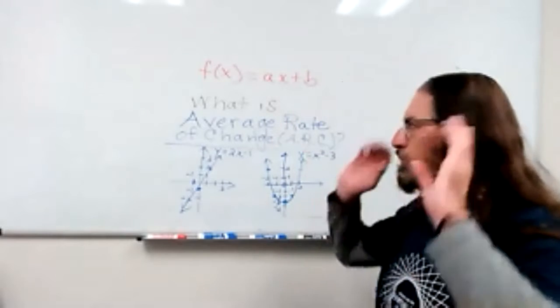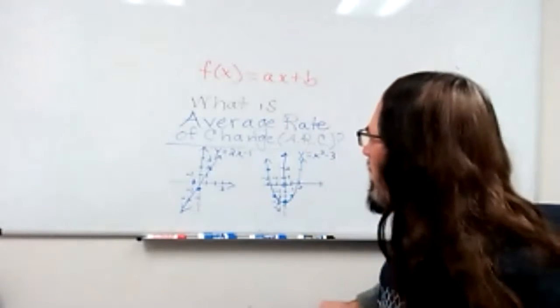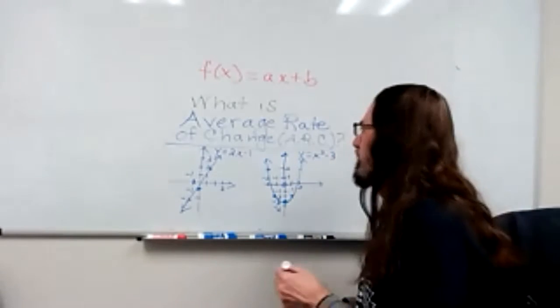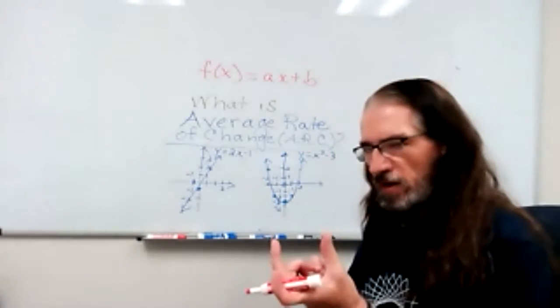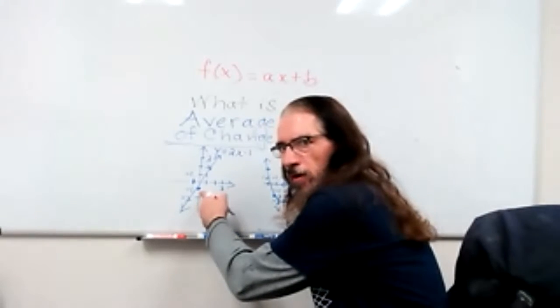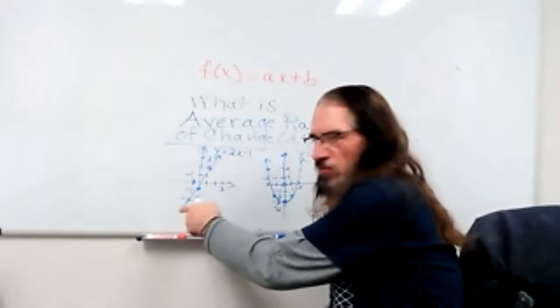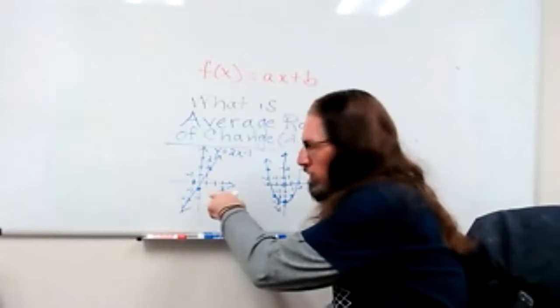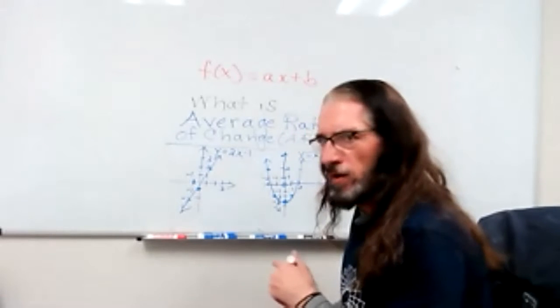I want to start off with the question of what is average rate of change? Average rate of change is dependent on two values of x. Let's say, for example, here we want to know the average rate of change of this linear function where x is 0 to x equals 1.